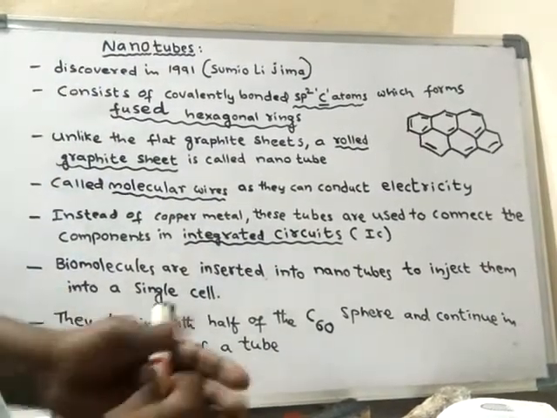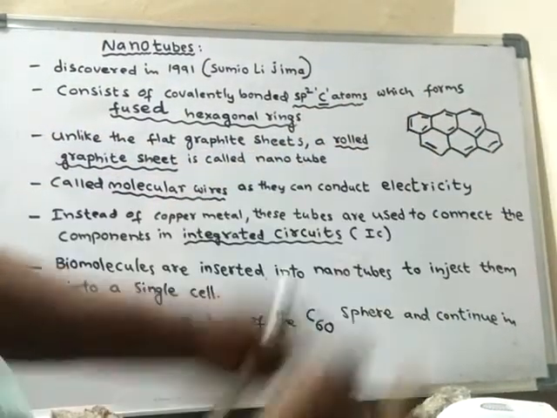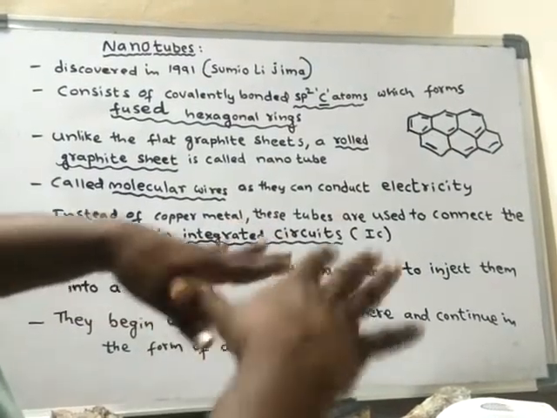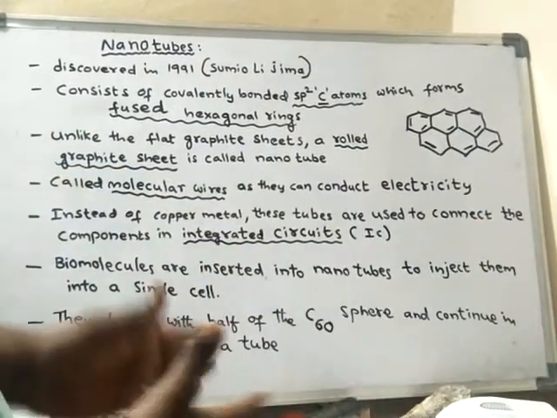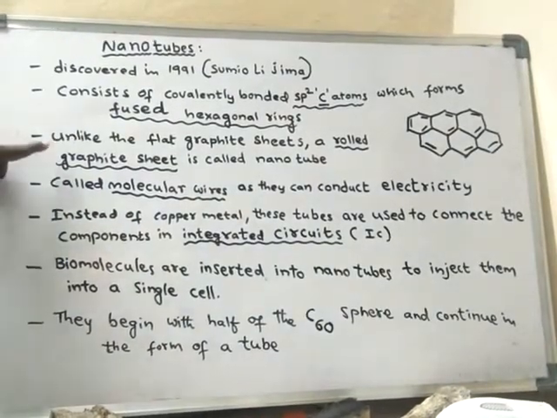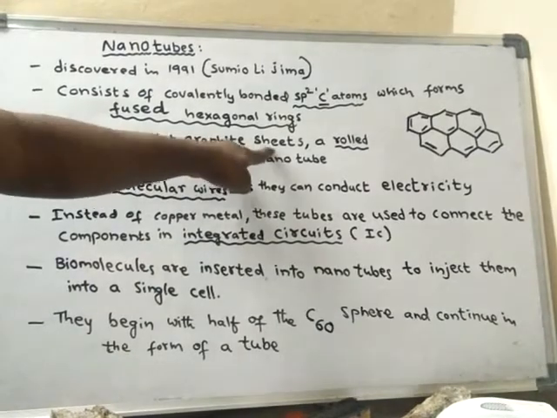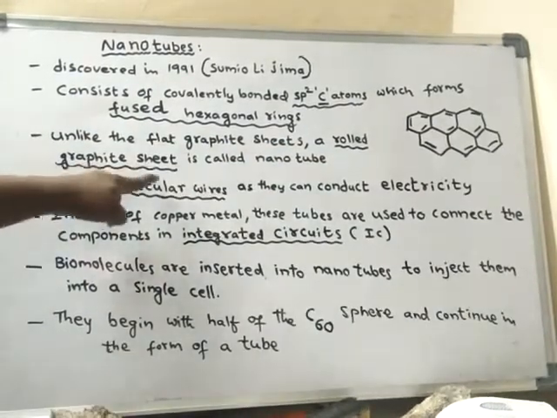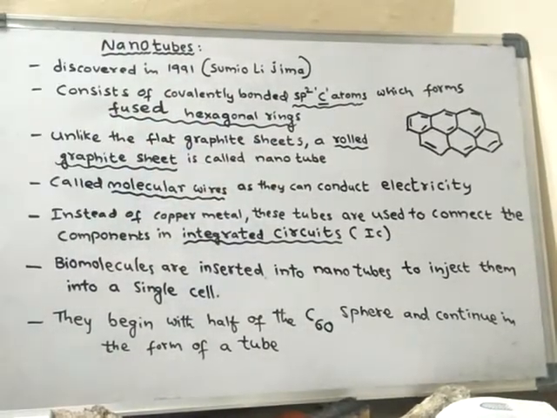Whereas a nanotube, if you roll a graphite sheet, then it becomes a nanotube. That means, unlike the flat graphite sheets, a rolled graphite sheet is called a nanotube.